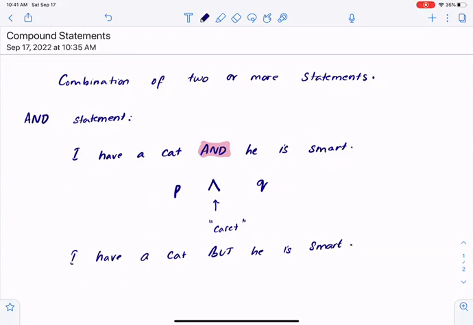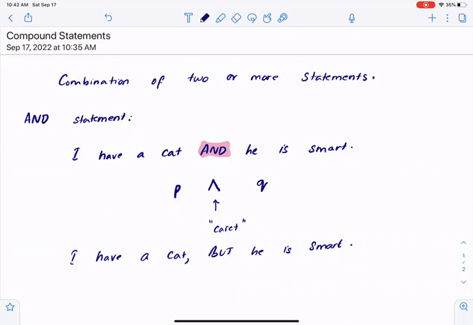So in my mind, I make a statement, I have a cat and he is smart. In the second case, I'm saying I have a cat. I'm making an assumption, oh, the other person is going to judge, because I have a cat, they will make an assumption that the cat is not smart because it's an animal.